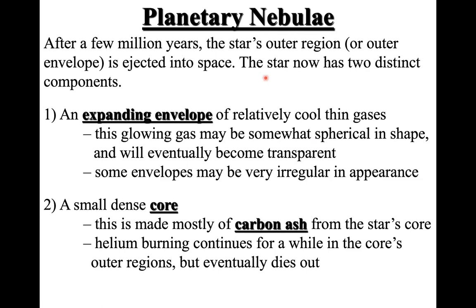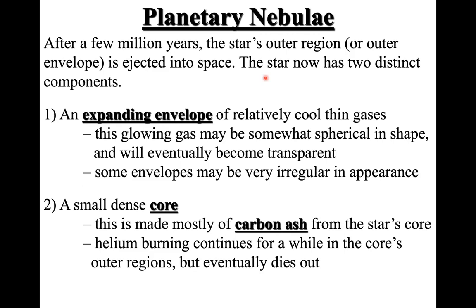Right? Now at this particular point, the star will have two distinct components that you can identify clearly. Number one, you will have an expanding envelope, which is relatively cool and consists of thin gases. This looks somewhat spherical in shape and will become transparent as well, right? And there are some envelopes that have very irregular shapes. Now, you know what envelope means, right?